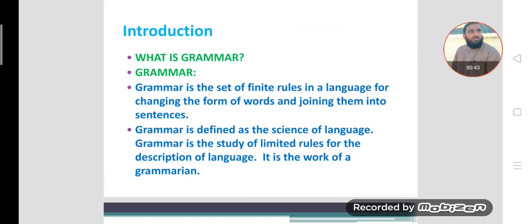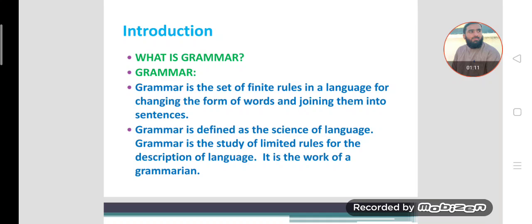So let's start. We know that tenses and aspects are the two main components of English grammar. We have other components in English grammar: parts of speech, narration, voices, clauses, phrases, and sentences. Likewise, tense and their aspects are important components of English grammar.